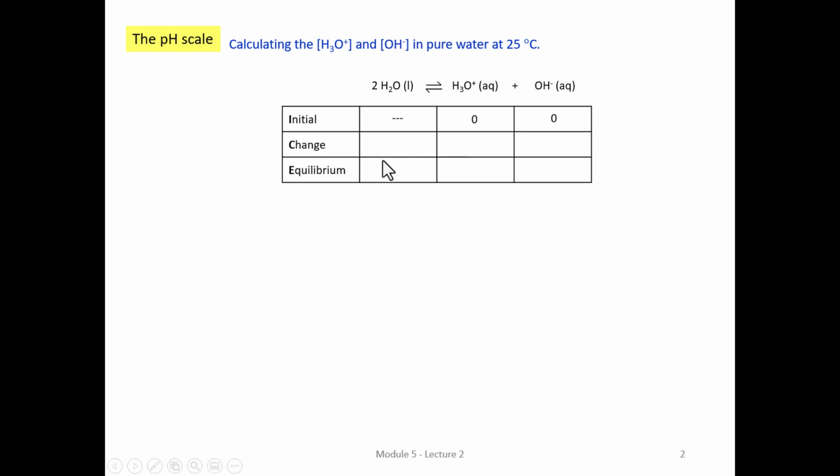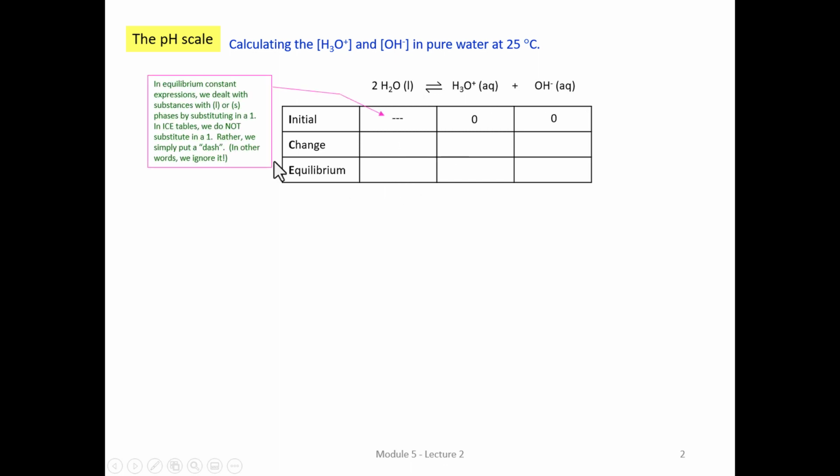Recall that in an ice table for a liquid or a solid, we don't deal with that in the ice table. We just put a dash in there. So I'll complete the ice table for water liquid, and we simply have hydronium ion and hydroxide ion changing by some value x.